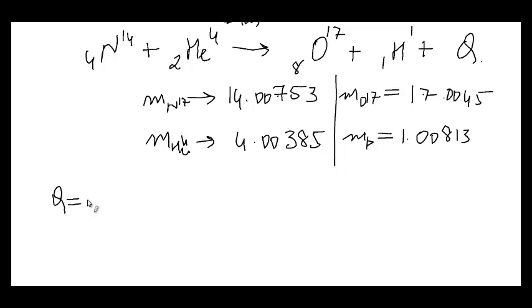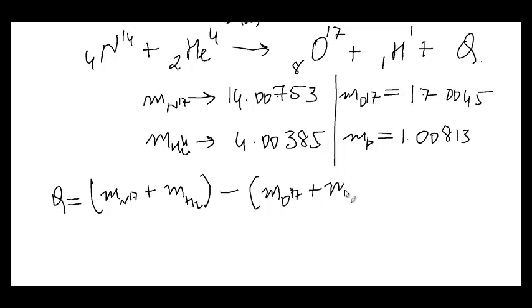The Q value will be the mass of nitrogen 14 plus the mass of helium, minus the mass of oxygen 17 plus the mass of the proton.